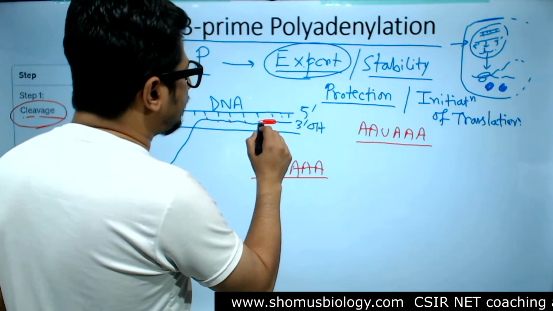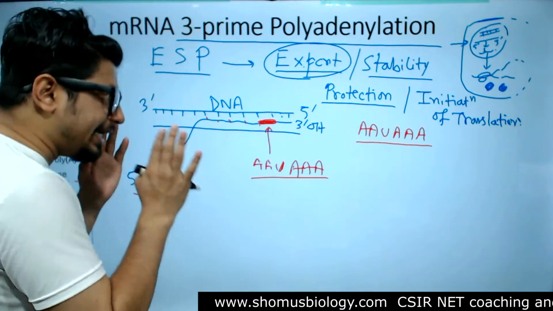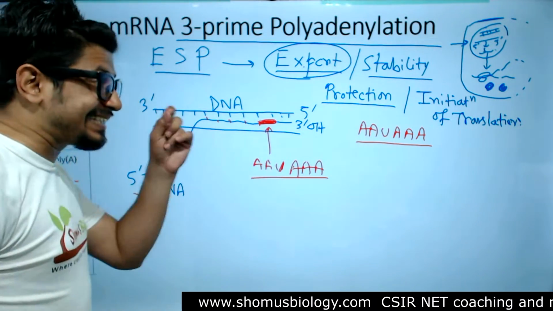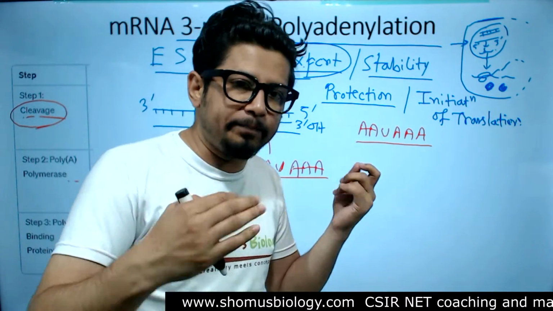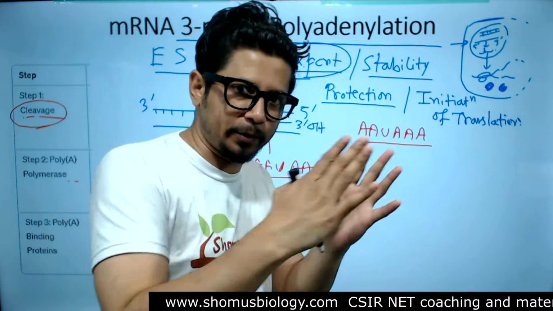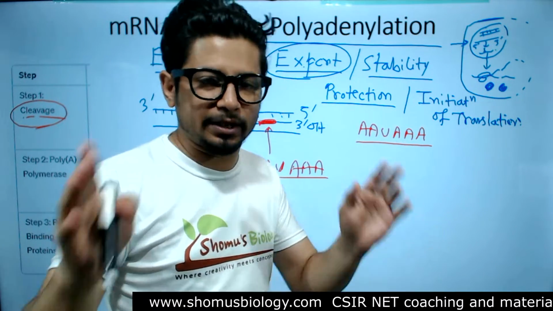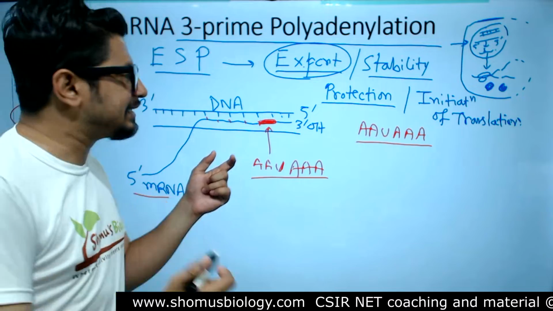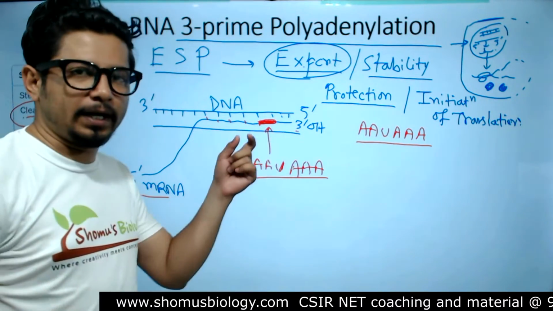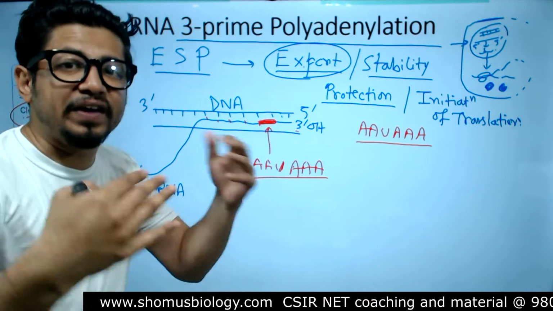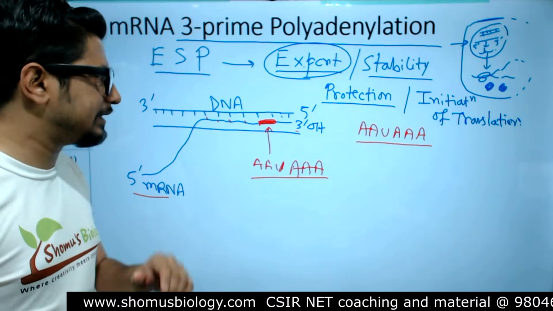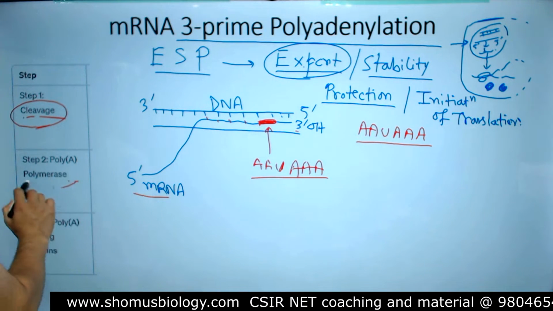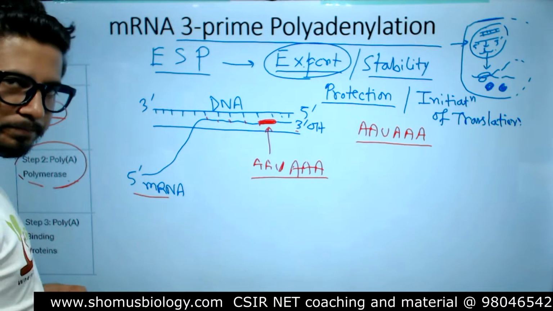Whenever this sequence is produced in the mRNA during transcription, that is the time the cell recognizes, yes, this sequence is produced, so now it's time for polyadenylation. It means whenever this sequence comes up, the end point or 3-hydroxyl end of the mRNA is very near, right? So whenever this signal comes, then comes the recruitment of poly A polymerase.